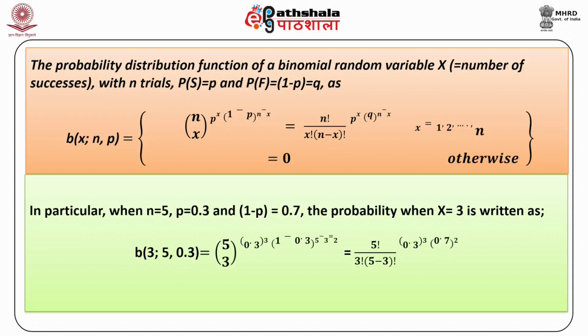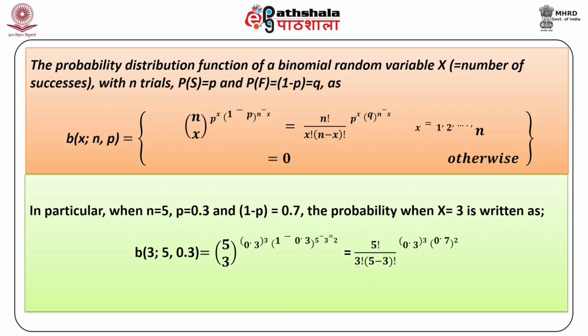We also know that the n plus 1 terms in the binomial expansion of p plus q raised to power n correspond to the probabilities associated with various values that x can take, which means when x can take values from 0 to n in a binomial experiment of n trials.